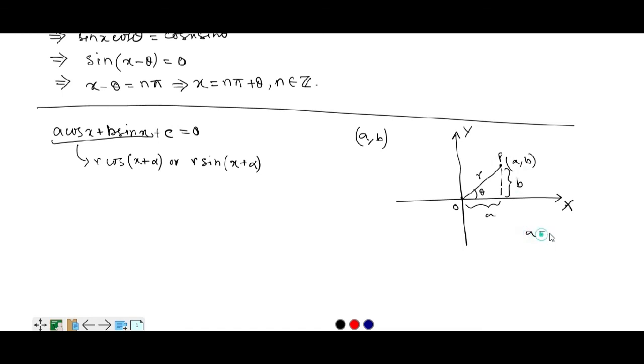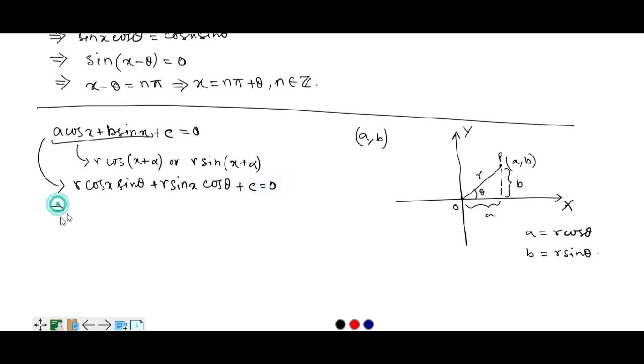So a can be written as r cos theta and b can be written as r sin theta. If you put these values in this equation, you can write it as r cos theta sin x plus, for b, r sin theta cos x plus c is equal to 0.